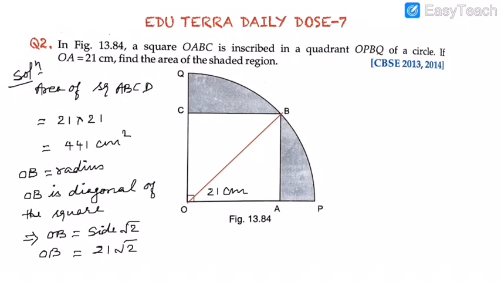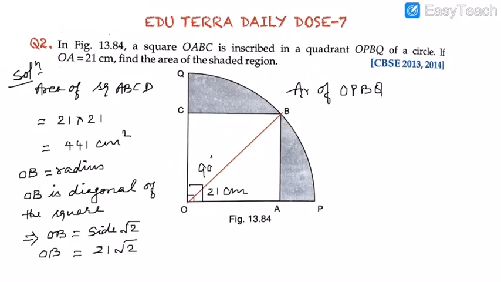Area of quadrant minus area of square equals the area of the shaded portion. So now we have to find the area of OPBQ. What is the formula for the area of a quadrant? Everyone knows it: theta upon 360 into pi r square.